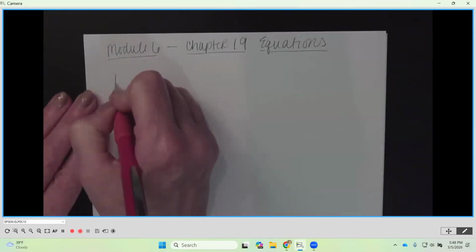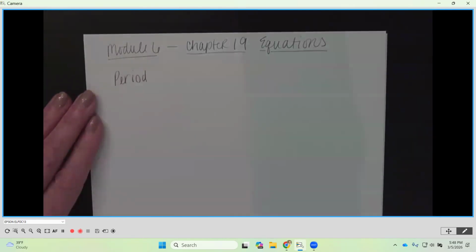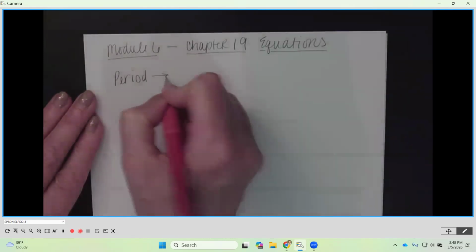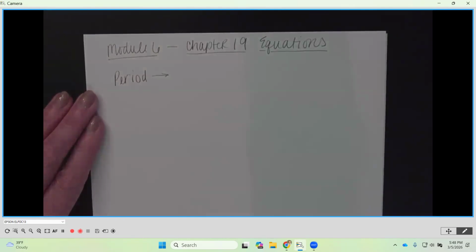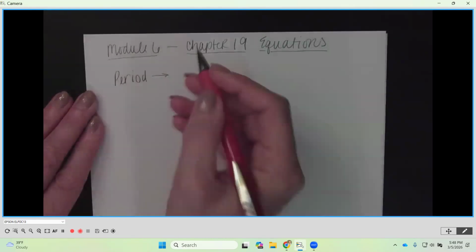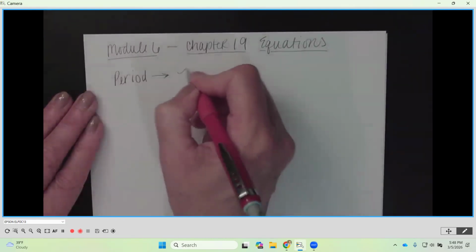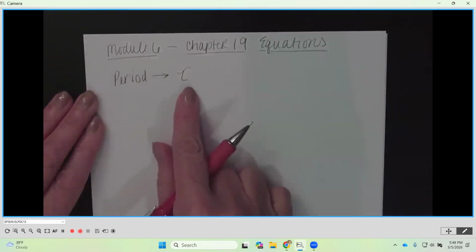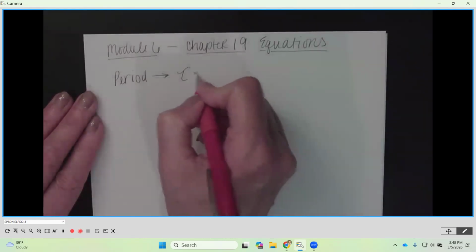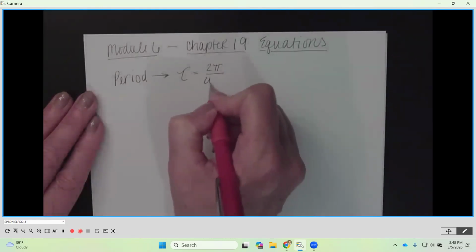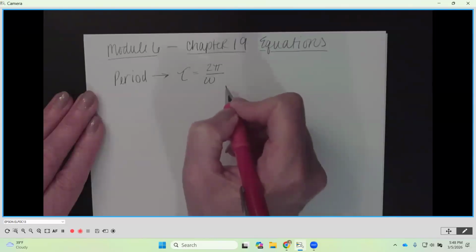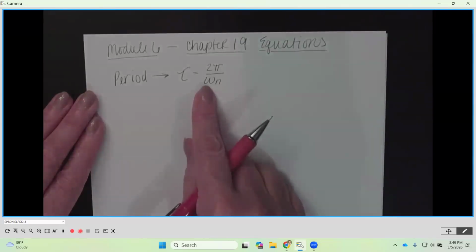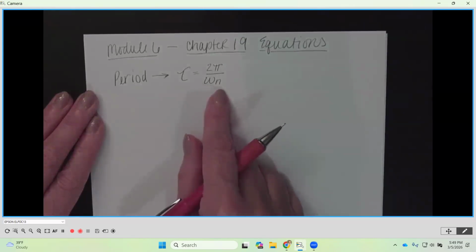So on that slide, that first term was period, okay? Period, again, is the time between cycles. Like how long does it take for me to complete a cycle? So period is going to be the variable tau, and the equation is going to be 2 pi on top divided by what we call the natural circular frequency, and it's going to be lowercase omega with a lowercase n subscript.